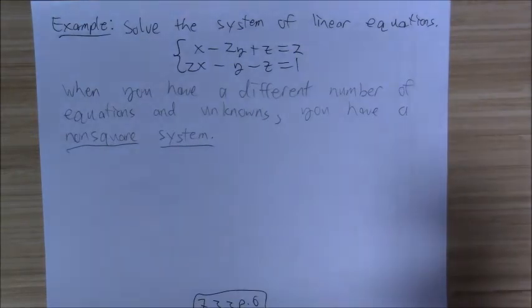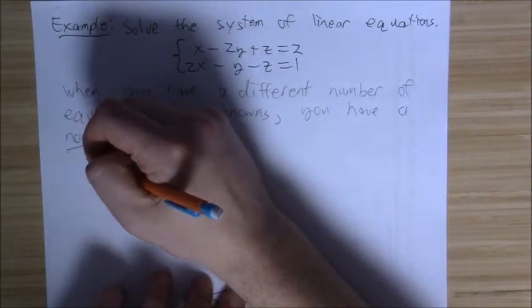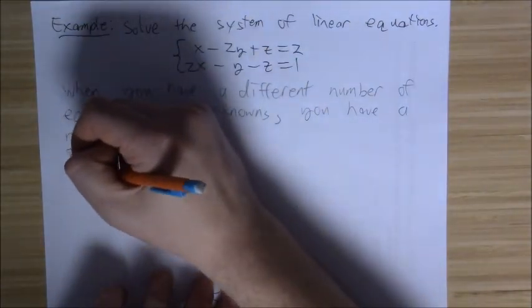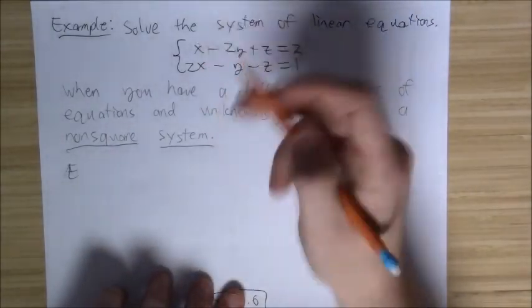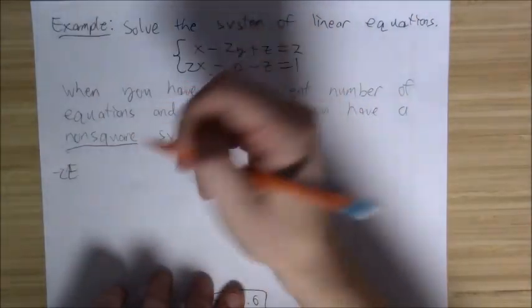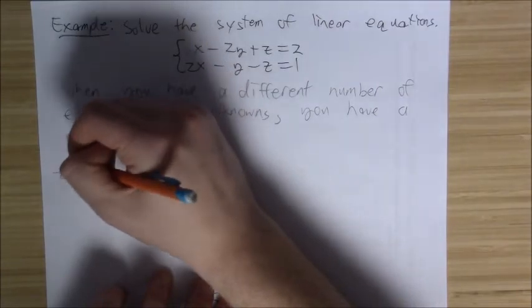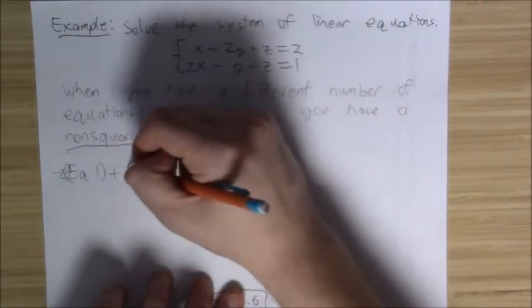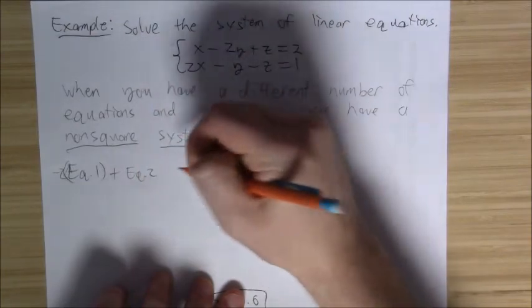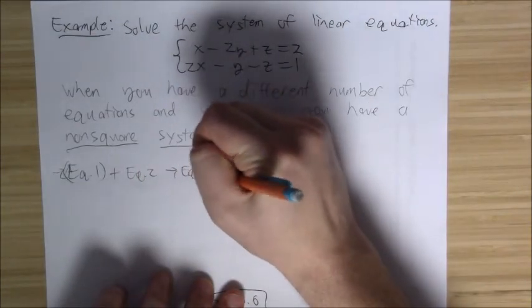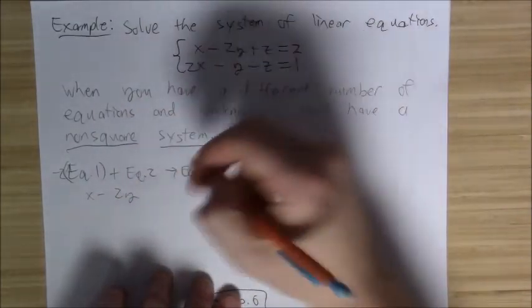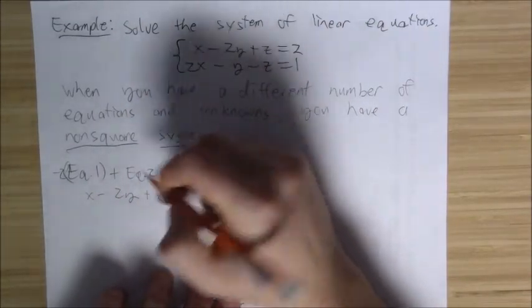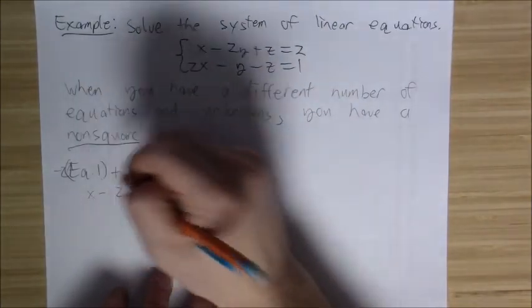To see that, notice that if we eliminate by taking -2 times equation 1 and adding it to equation 2 to get a new equation 2, we would have x minus 2y plus z equals 2, and then we would eliminate the x's.